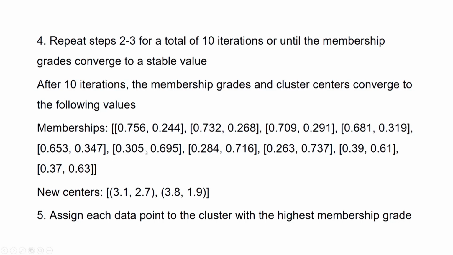But for the sixth data point, the membership value of the second cluster is high. So we will assign this sixth data point to the second cluster, and the 7th point also to the second cluster, the 8th point also to the second cluster, and so on.